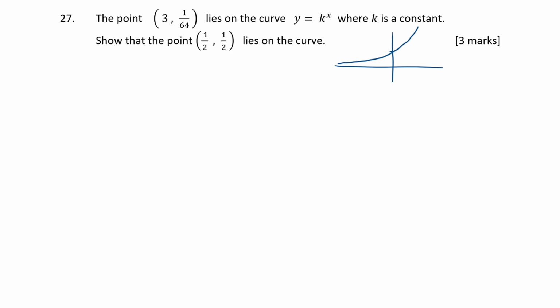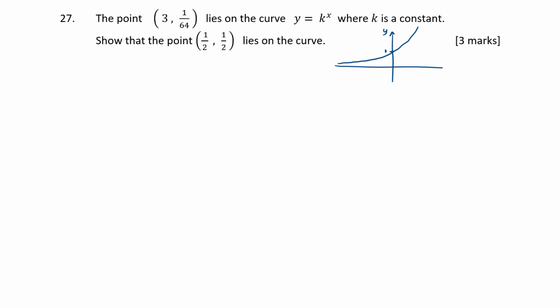Know what that value is there? It's going to be 1, because at that point x is 0 and anything raised to the power of 0 is 1. So it always goes through 1 there. Left of the y-axis, it's getting smaller and smaller, approaching 0 but never touching. And right of the y-axis, it is increasing, getting steeper and steeper.